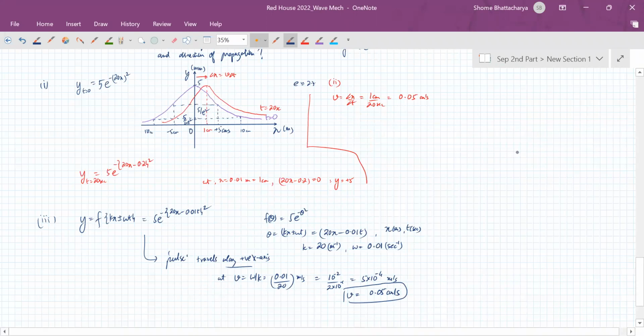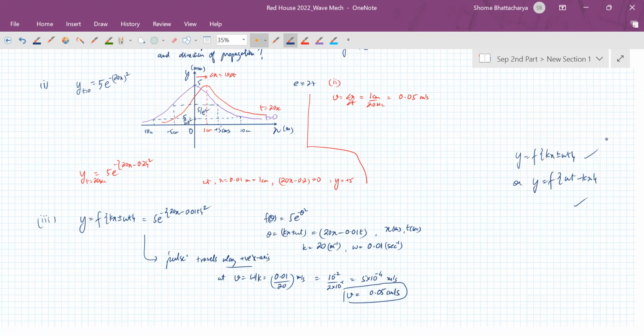So it can be a function of this type, kx plus or minus omega t, or it could also be a function of this type, omega t minus kx. They're all the same things. But if the sign between kx and omega t is positive, then it's traveling along the negative x-axis. And if the sign is negative, then it's traveling along the positive x-axis.